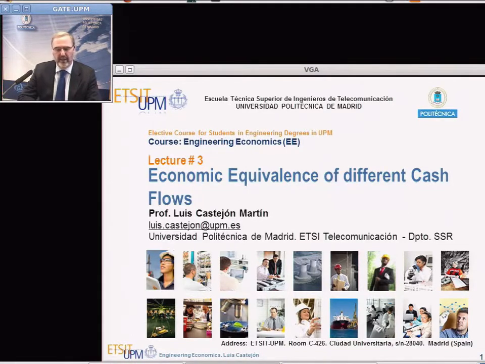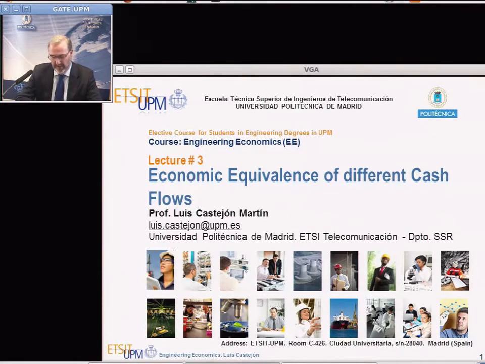What we are going to think about now is, if I have different investment proposals at different times and with different cash flows, how do I decide what is the best investment for me? This is a common problem in engineering economics, to have 3 different engineering projects to invest in.